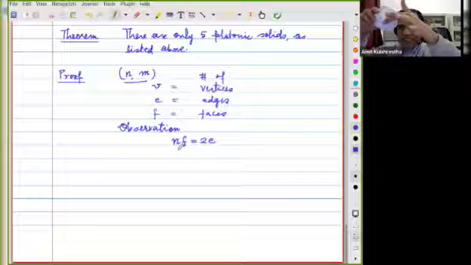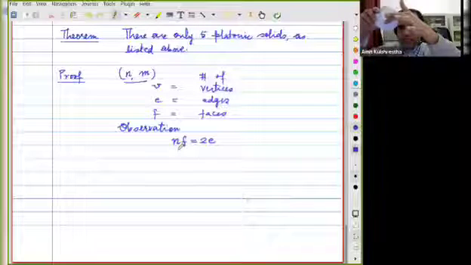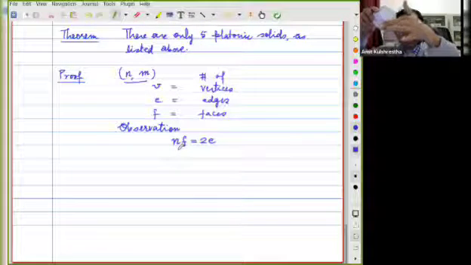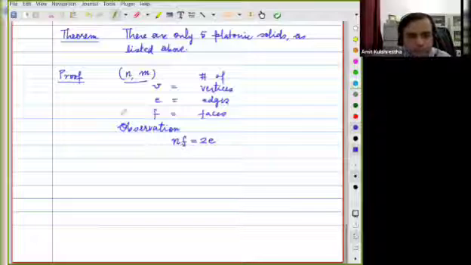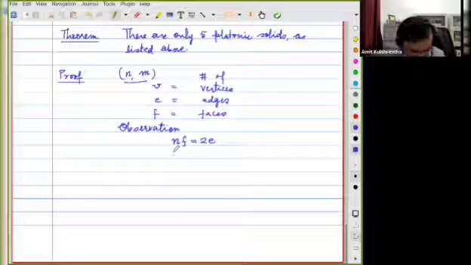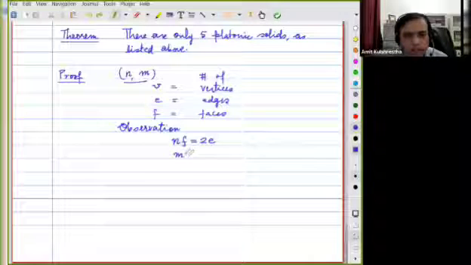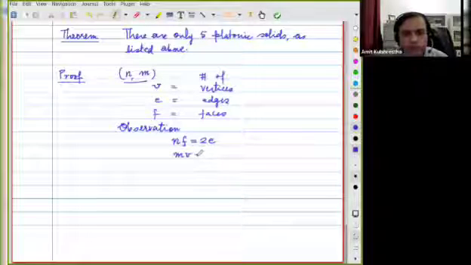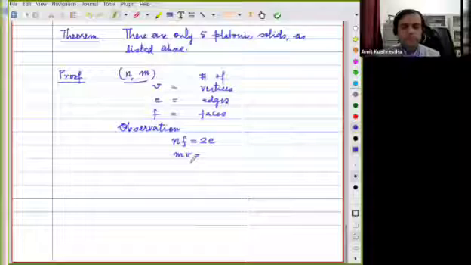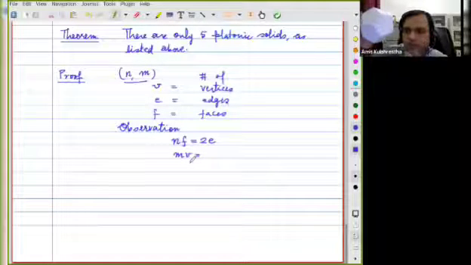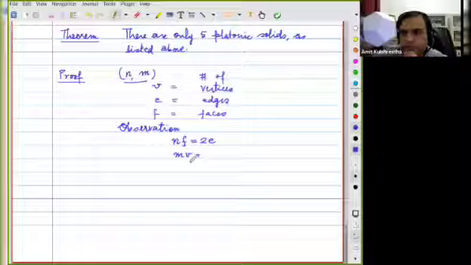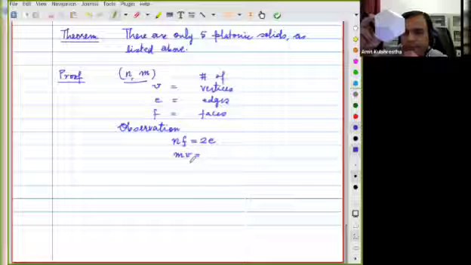Similarly, for each vertex, I'm counting how many faces are adjacent to it, how many faces are meeting at it. So if I multiply M with V, what will it be? Can you observe?